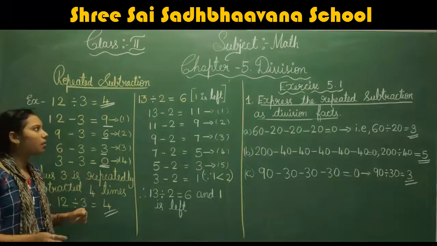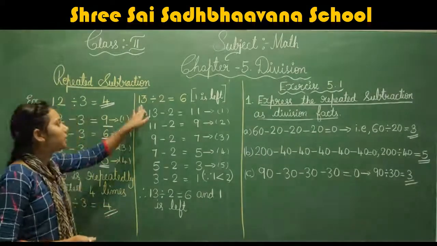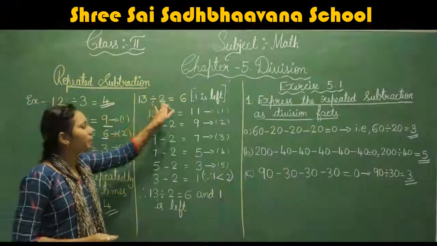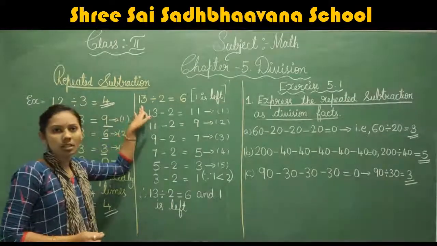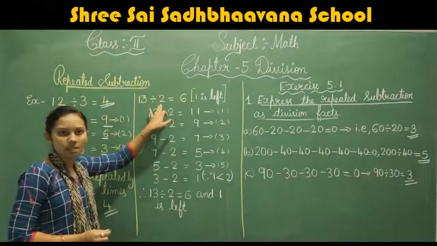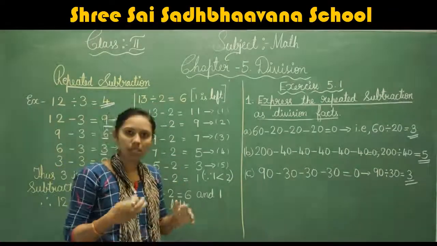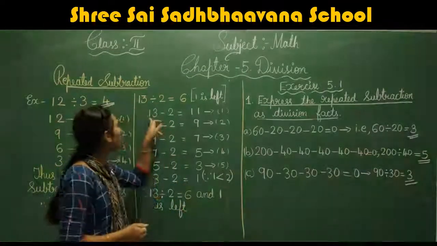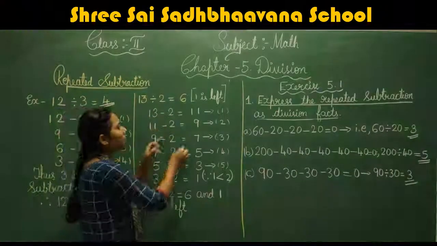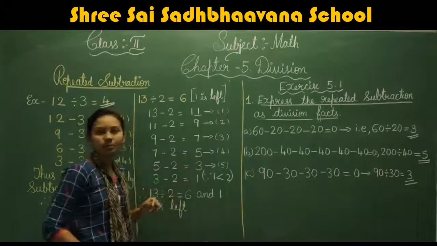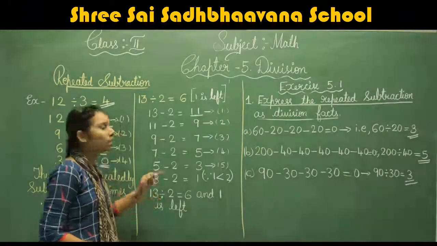Now we will see one more example, that is 13 divided by 2. So 13 is the dividend and 2 is the divisor. We are going to find the quotient by the repeated subtraction method. Let us see, 13 minus 2, 11.